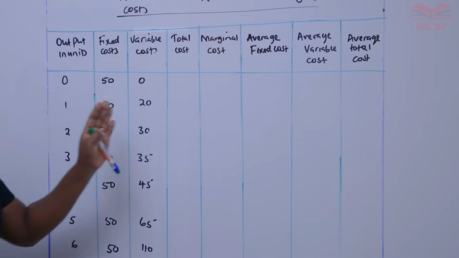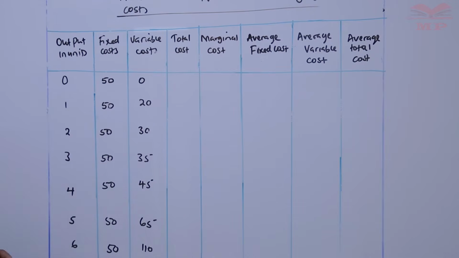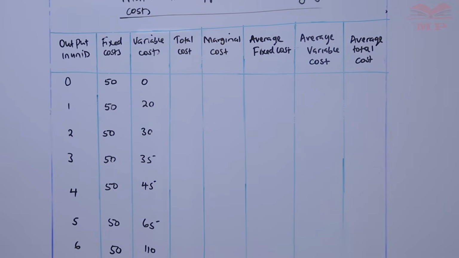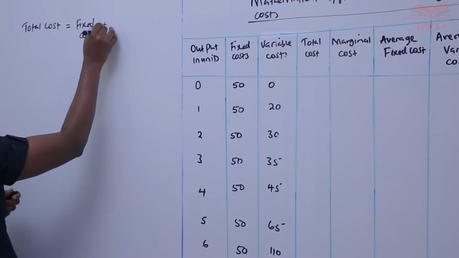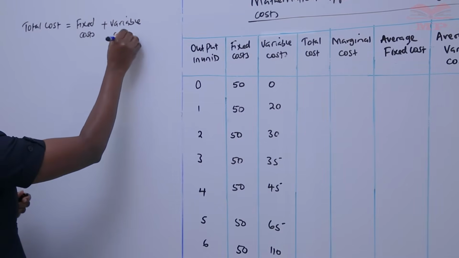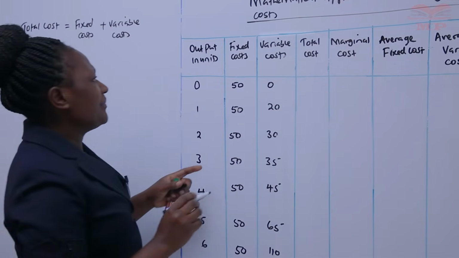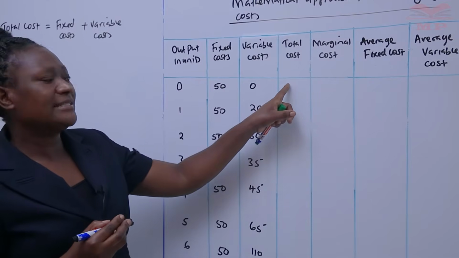So how do we calculate the total cost? We said that total cost equals fixed costs plus variable costs. So we are simply taking the fixed cost plus the variable cost to calculate the total cost.